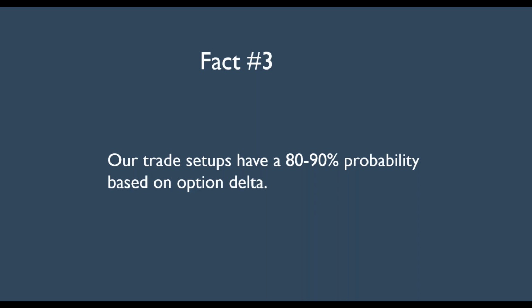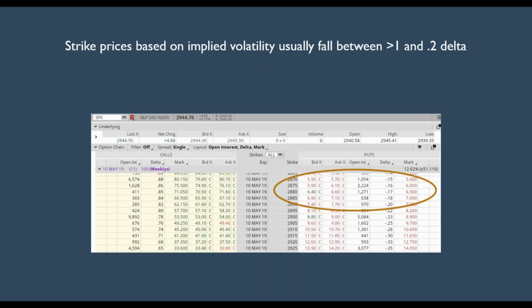Fact number 3, our trade setups have an 80 to 90% probability based on option delta. Strike prices are based on implied volatility, and they usually fall between 0.1 and 0.2 on the delta. This was one we set up for the SPX, where we set up a vertical spread right around 2880, and you'll see that the delta was 0.17.